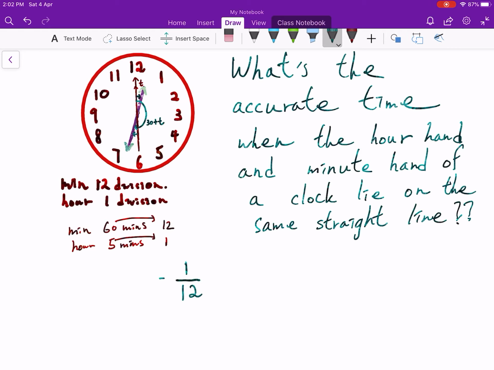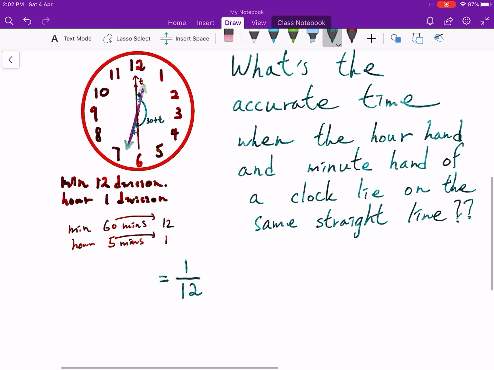Going back to what we just said, when the hour hand moves T minutes, our minute hand has already moved 30 minutes plus T. Everything inside the clock should follow this rule for the hour and minute hands. So even though I use time to talk about this, we can still use this 1 to 12 relationship.